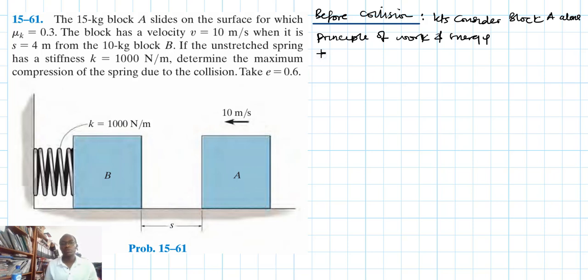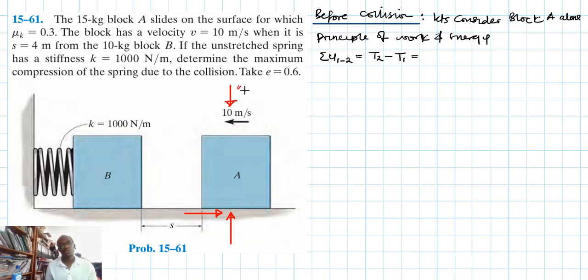We have the work done from point 1 to point 2 is equal to the difference in the kinetic energy. And here we are going to experience friction forces in that direction, like so, which will reduce the kinetic energy.